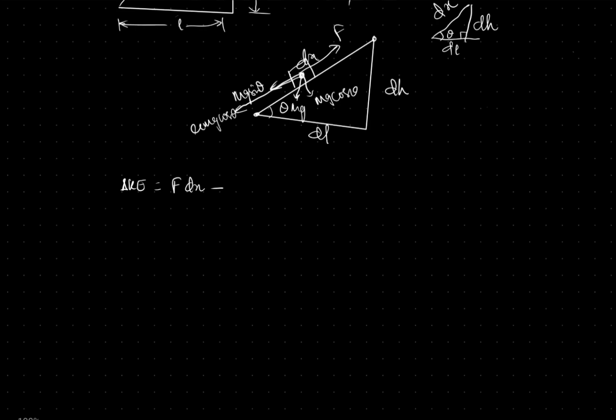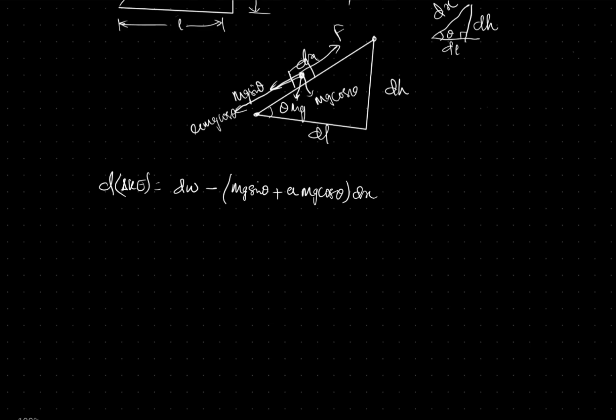F dx is nothing but the small work done we need, dW, minus mg sin theta and mu mg cos theta, both acting downwards, into the small displacement dx.